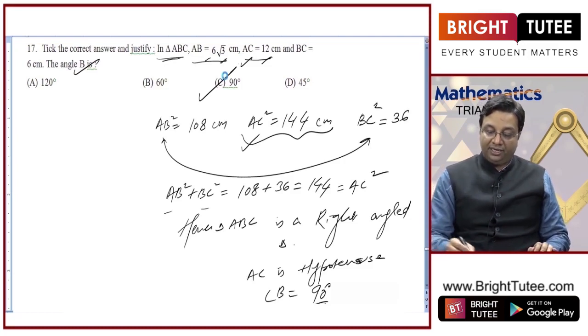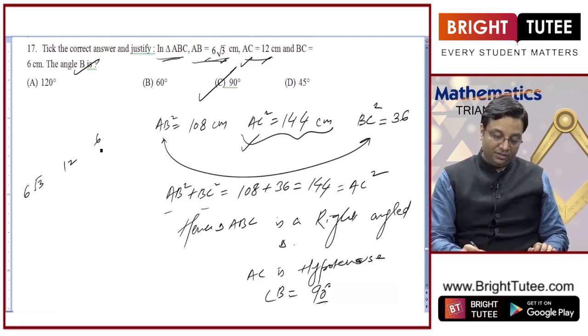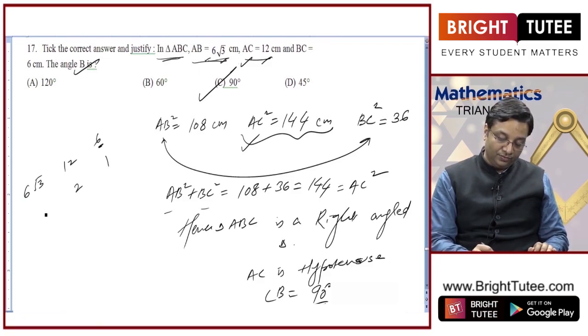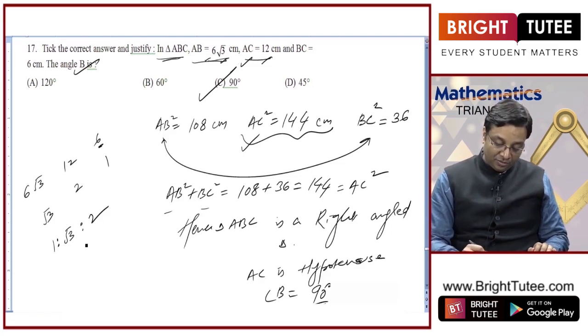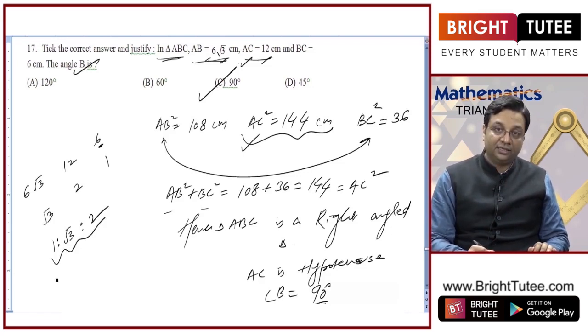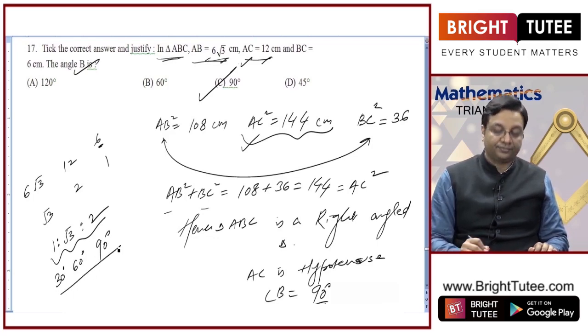Okay. And if the students take care that the ratio here is 6 root 3, 12, 6, so if you notice the ratio is 1, 2 and root 3. Whenever you have a ratio like this, 1 is to root 3 is to 2, first of all, this is a 30, 60, 90 triangle, right?